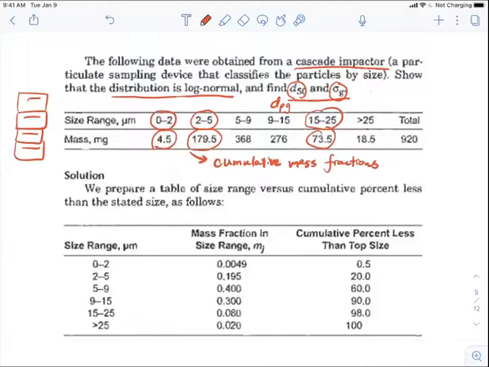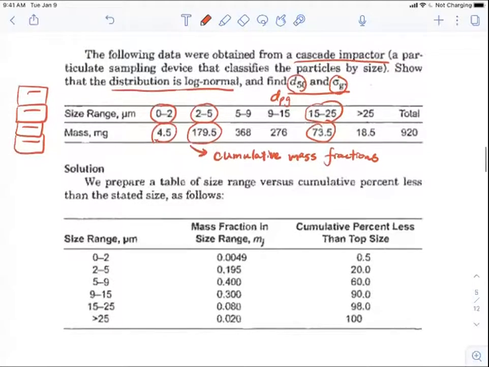The way we do that is first, we're going to label out all the different sizes: 0 to 2 micron, 2 to 5, 5 to 9, 9 to 15, and 15 to 25. At the same time, let's label all the mass that we collected onto these different stages: 4.5, 179.5, 368, 276.